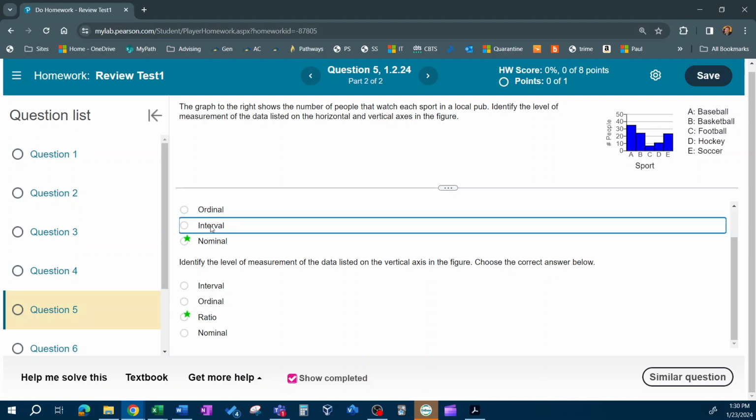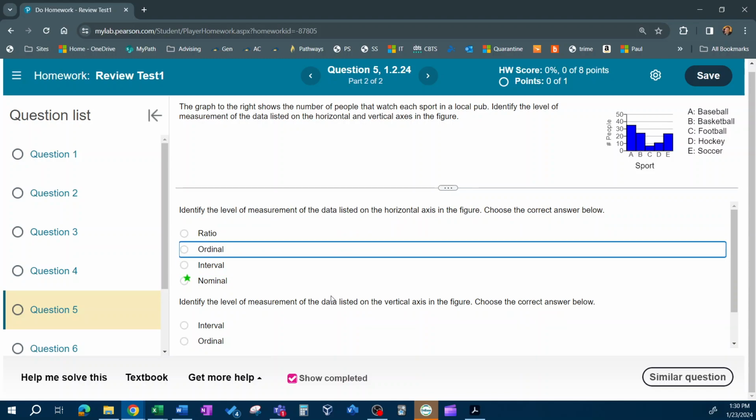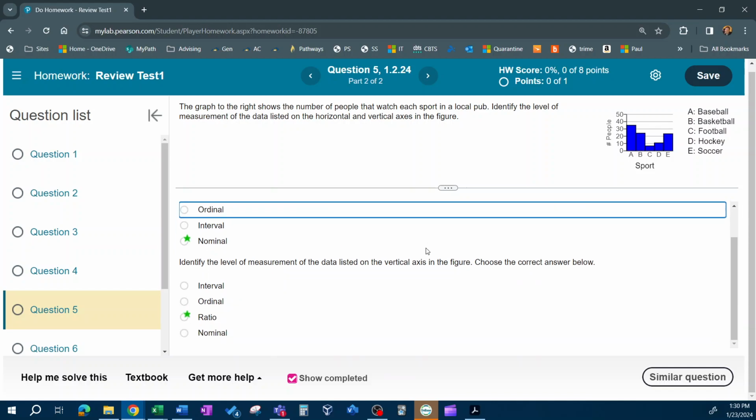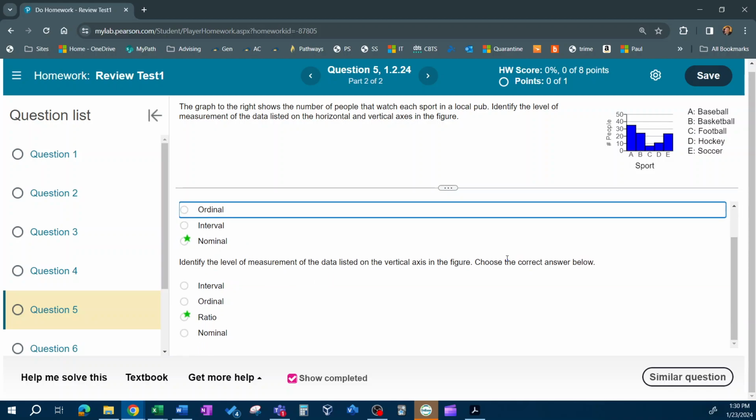So if they have temperature out there, you're going to pick interval, or years. All right, temperature or years. And ordinal data is something that's kind of like strongly disagree, neutral, agree, strongly agree. Anything that's ordered like that is ordinal data, okay? Top 10 movies, that's ordinal data. All right. So I hope that helps you out.